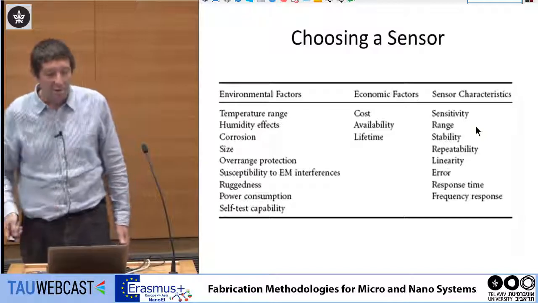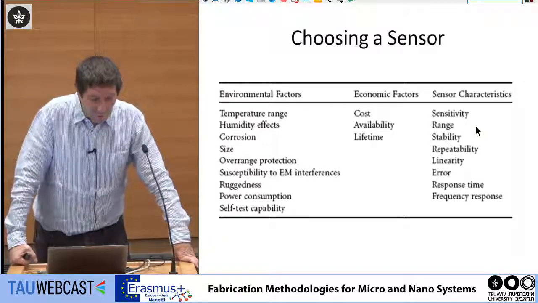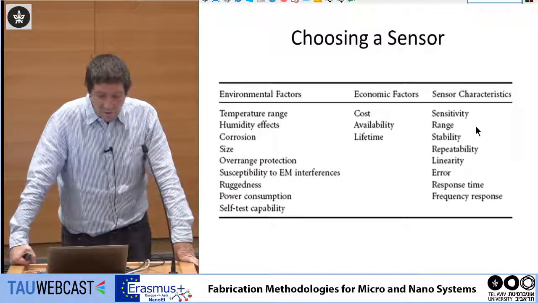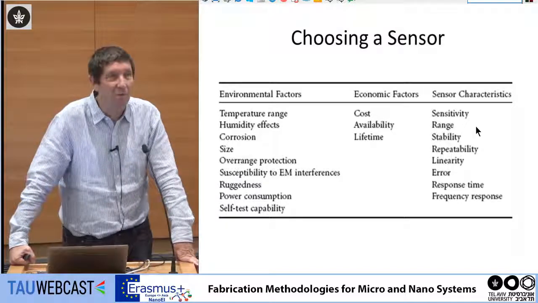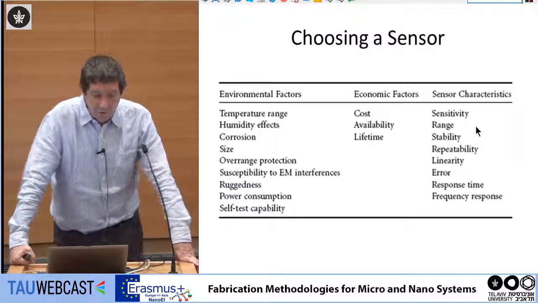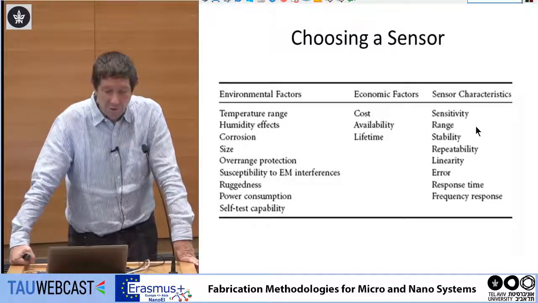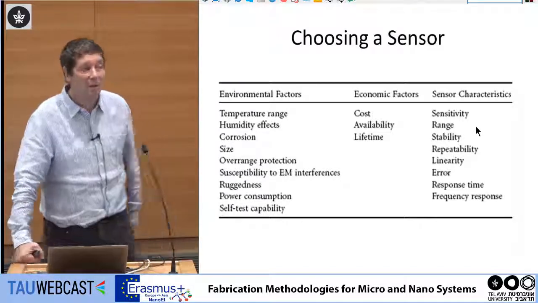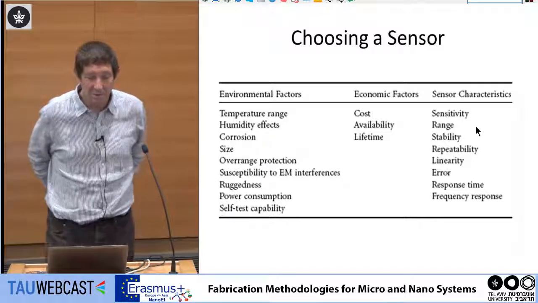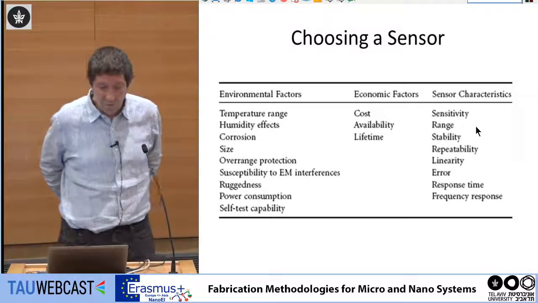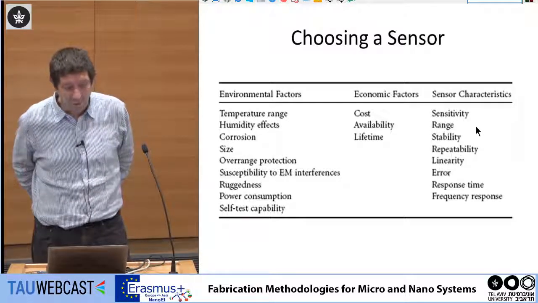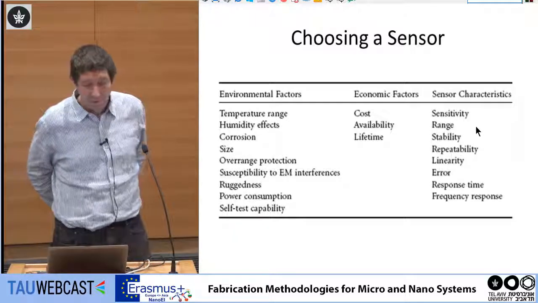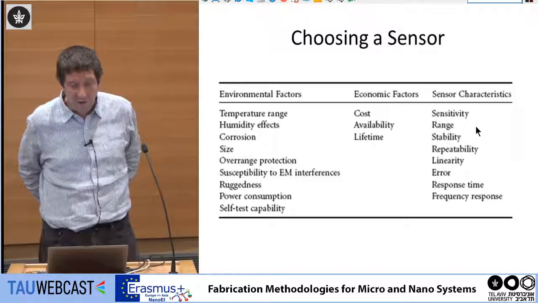So, choosing a sensor. Temperature, humidity, corrosion, size, overrange protection, all those are fundamental, what we call environmental factors. So in the environmental factors, we have to look at the operation temperature, humidity effects, corrosion, size, overrange protection, susceptibility to electromagnetic interference, ruggedness, power consumption, and self-test capability.